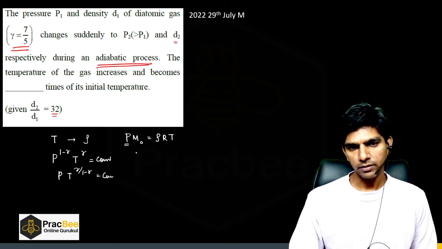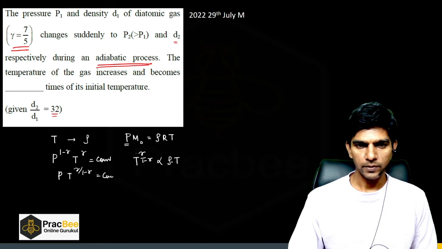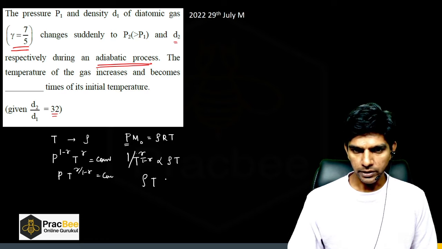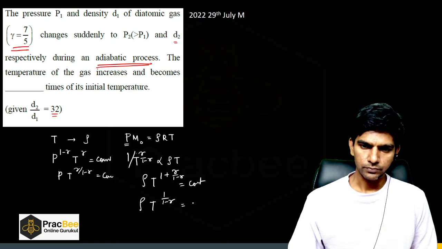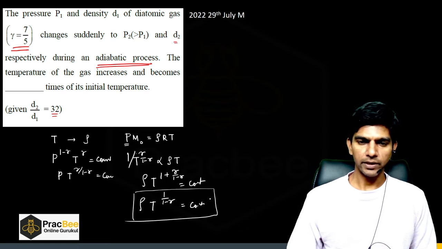So I can say T raised to power gamma upon 1 minus gamma is directly proportional to rho T, so P can be written as 1 by T raised to power gamma upon 1 minus gamma. So let us simplify this. Rho T raised to 1 plus gamma upon 1 minus gamma is constant. So this can be written as rho T raised to 1 upon 1 minus gamma, right?